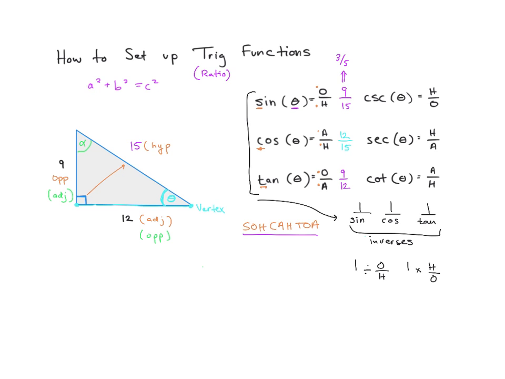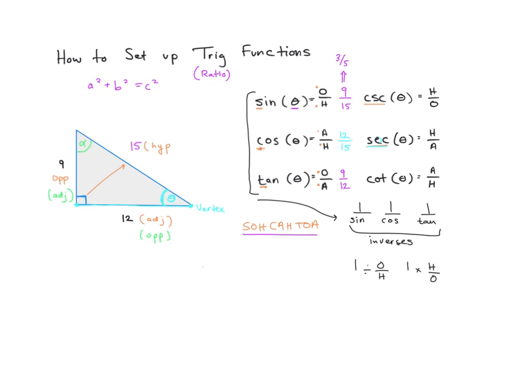version of our sine. Now, the problem I had in high school is always trying to remember, is secant cosine or is cosecant? What I came up with to help is if you look at secant and you take the E and you make it an O right here, like this, it kind of looks like cosine backwards.